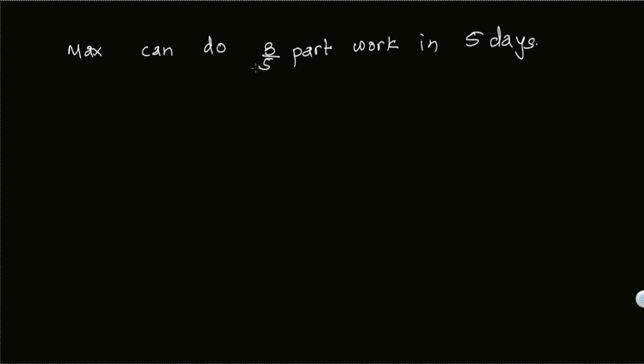The part of work he does in 5 days is 3/5. We have to do the whole work. Whole work is 1. Always whole work or complete work is represented by 1. So how to get 1? We have to multiply by 5/3 in order to get this as 1. Then we will get the one whole work.